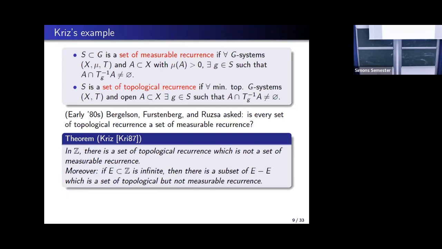And actually, if you stare at his proof, you will realize that he actually proved this. If E is an infinite set in the integers, then there is a subset of E minus E which is a set of topological recurrence, but not measurable recurrence. And that's interesting because you know this E minus E itself is a set of measurable recurrence. And that's one of the reasons this is interesting.